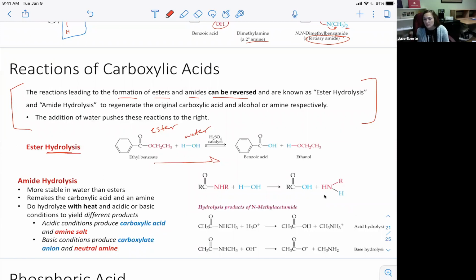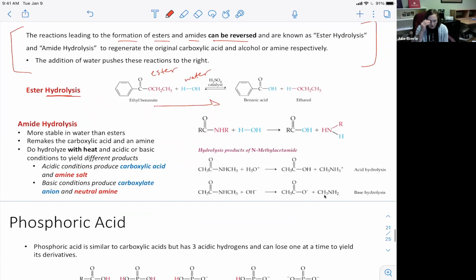Or with amides, we'll regenerate the carboxylic acid and some kind of amine, okay? So esters, it's pretty straightforward. Again, you regenerate your carboxylic acid and you regenerate the alcohol.